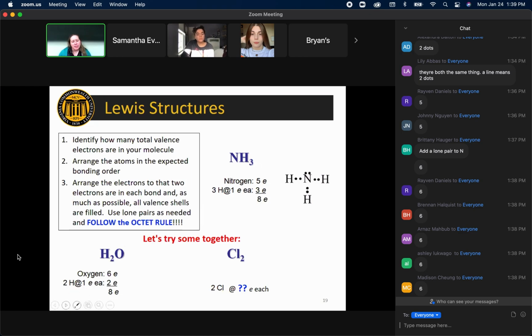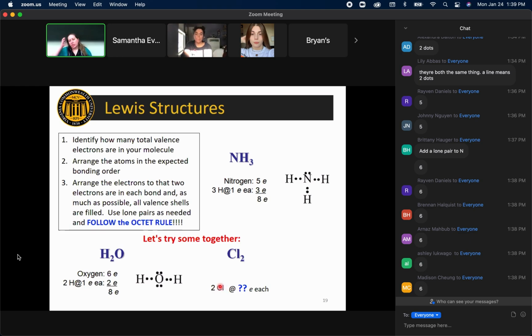We'll have 4 electrons left. So what do we do with those 4 electrons? They become a lone pair. Yeah, great. So here you've got the Lewis dot structure for H2O, which is water. Some of you might be thinking to yourself, well, water is bent. Don't worry about geometry for now.